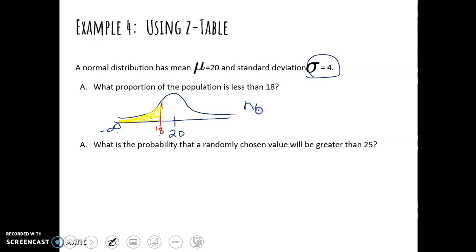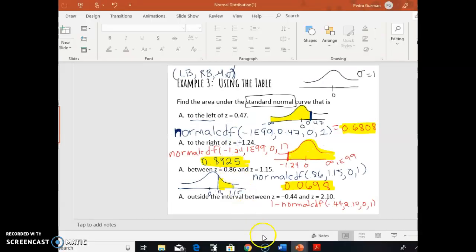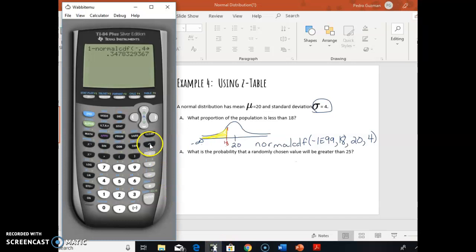So we're going to do normal CDF. Left boundary is negative 1e99. 18 is the upper boundary. The mean is not 0. The mean is 20. And the standard deviation is 4. So let's pull the calculator up for that.